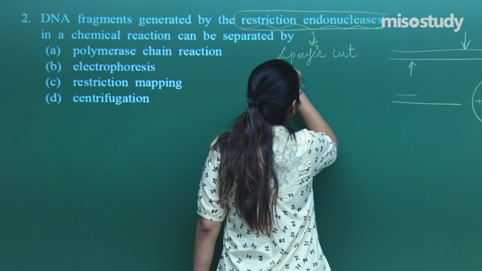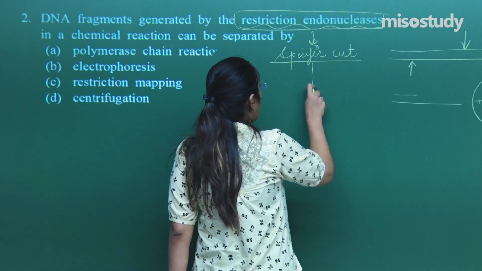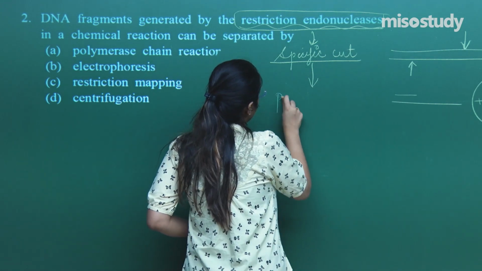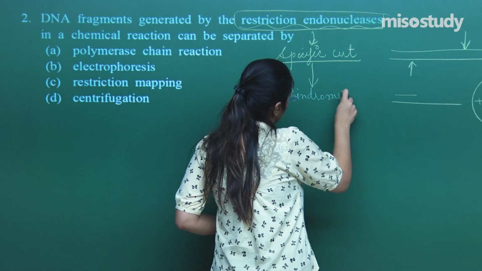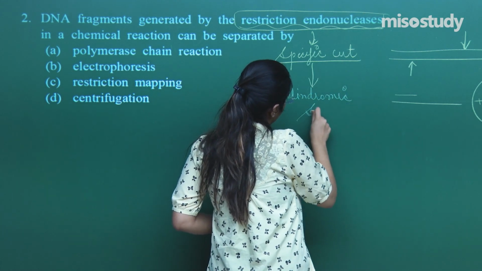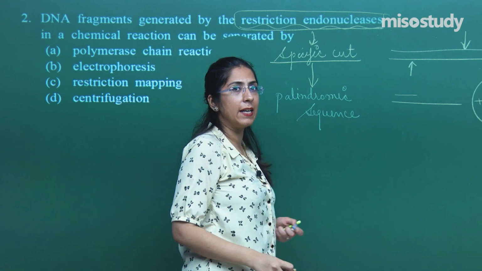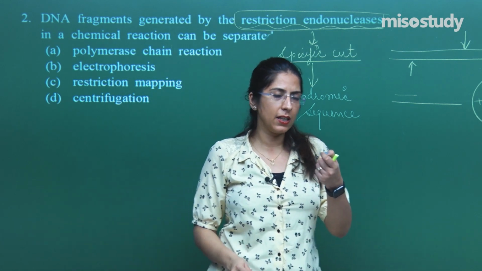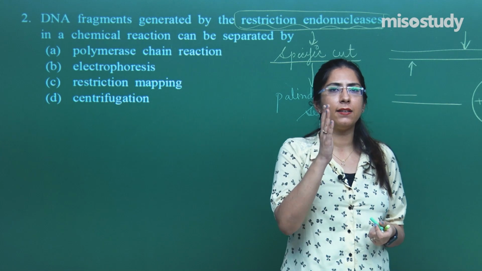When they produce a specific cut, what exactly do they need? They need palindromic sequences. They target those palindromic sequences. They need a specific sequence so that they can easily cut that fragment.